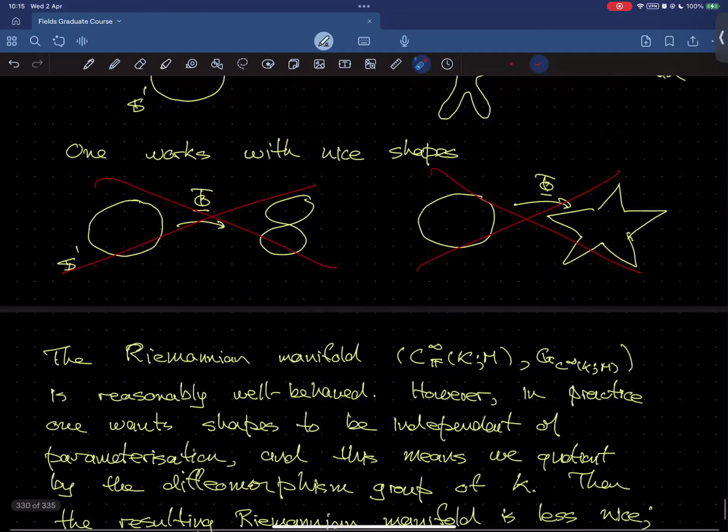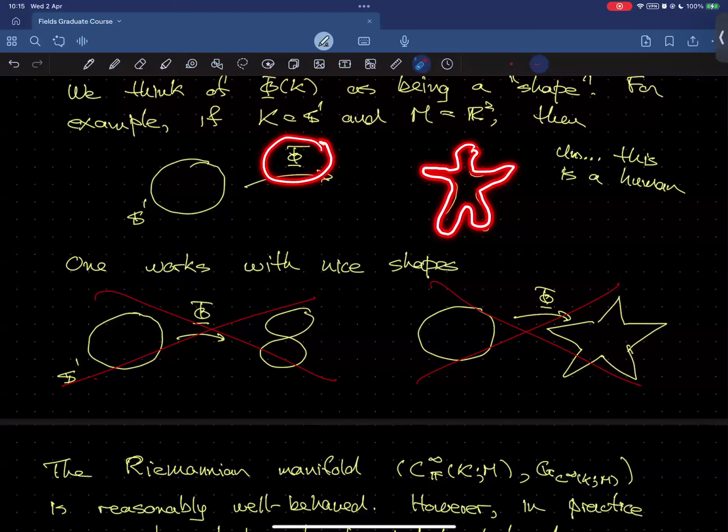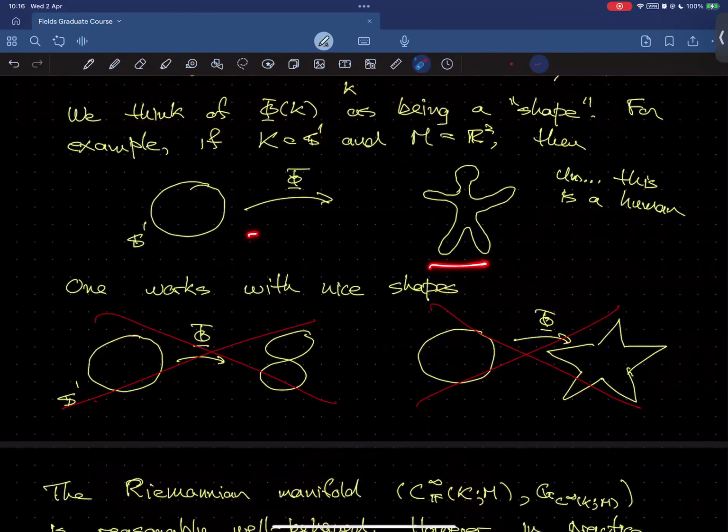But in shape analysis, what you would like to do is you really only care about the shape, right? That's why it's called shape analysis. All right. Now, there might be many mappings phi which give you the same shape. And essentially, the mapping phi doesn't just give you its image, it also gives you a parameterization of the image. And so you maybe are really only interested in the shape, not the parameterization by the specific mapping phi.